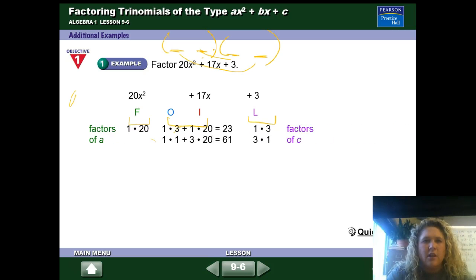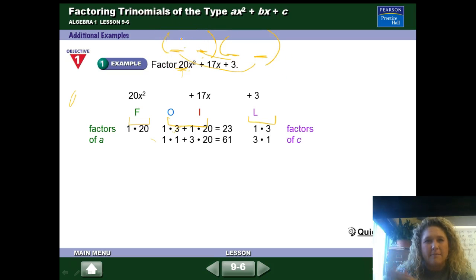So my factors of my a, remember, is your first term. When you take the factors here of 20, what do we get? 1 times 20, and then here you can see they showed you what 1 times 3 plus 1 times 20 would be. So if I'm saying 1 and 20 would be what we use, when you multiply them across here, what are we going to get?